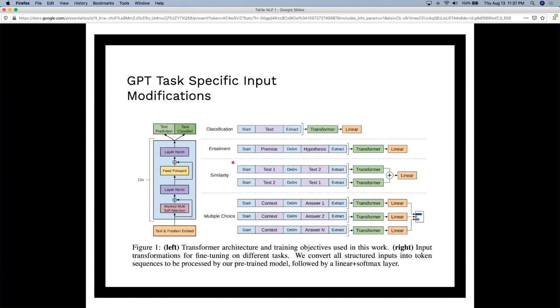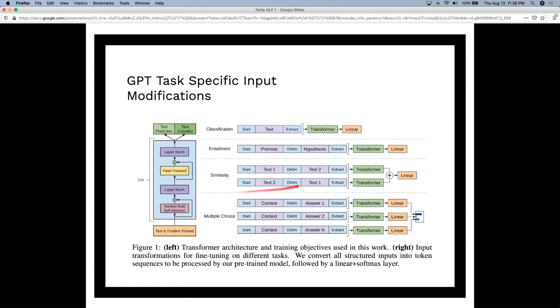Now we can concatenate those together and then add a fully connected layer where the size is this times the number of tokens in your vocabulary, or the number of outputs in the task. Let's say similarity only gives us yes or no, similar or not similar, or it can give us a degree from 1 to 10. It can also be a number, and then the loss can be a regression loss.